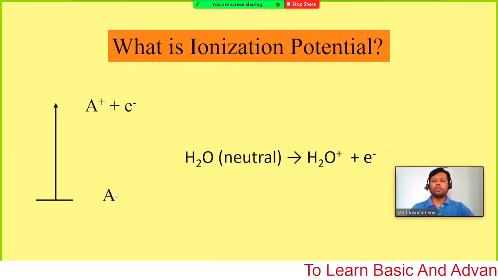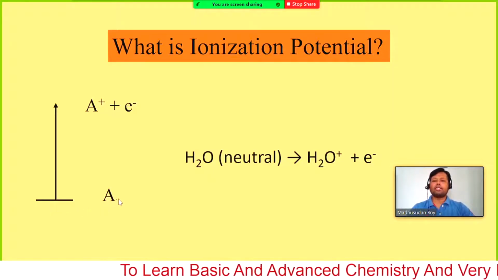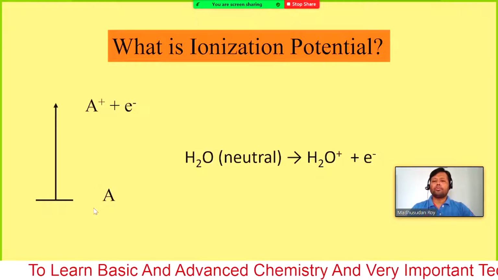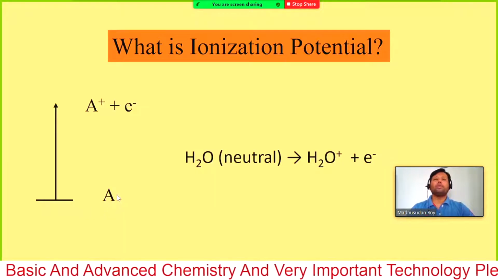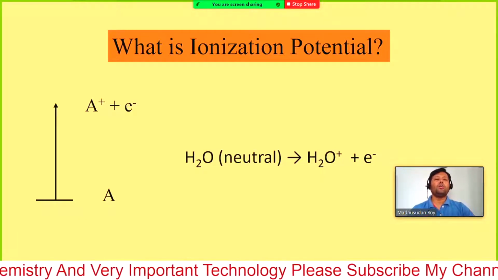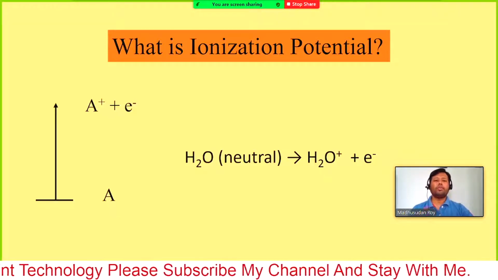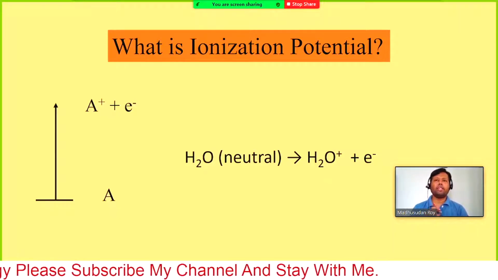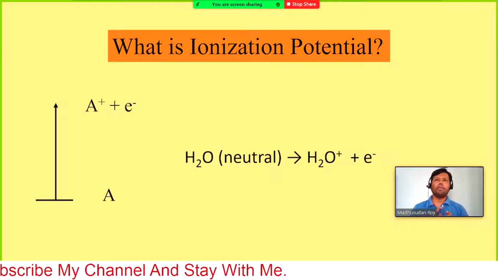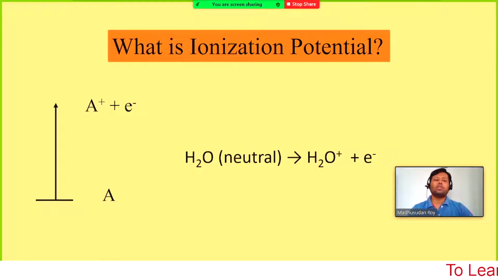So first we will take the molecule or atom and then apply some energy. If you consider an atom, you know how many electrons are in the outermost shell. If you consider the sodium atom, it has 3 shells. The first shell has 2 electrons, the second shell has 8, and the third shell has only 1 electron.